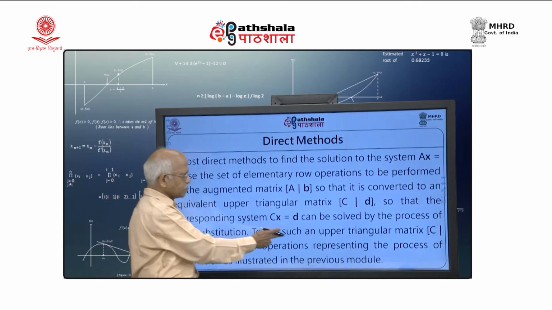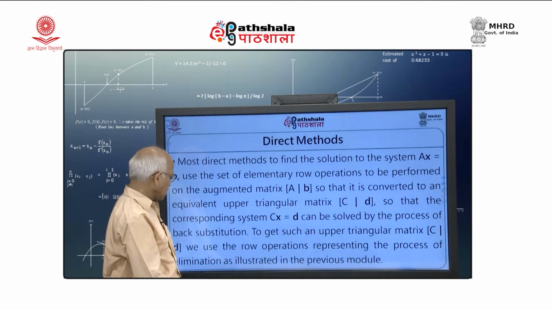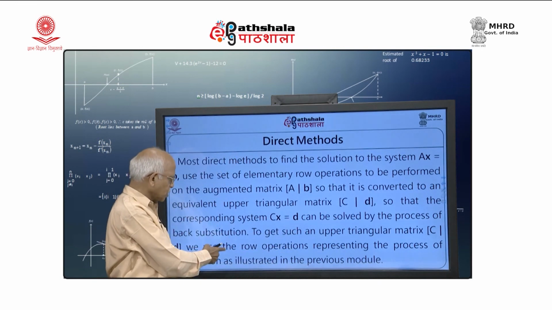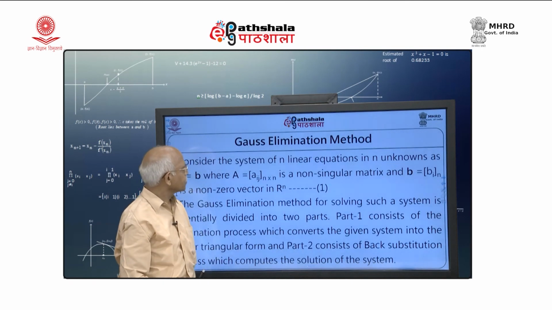To get such an upper triangular matrix, we use the row operations representing the process of elimination, as illustrated in the previous module. So, we will do that here.